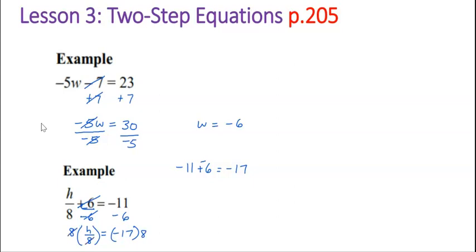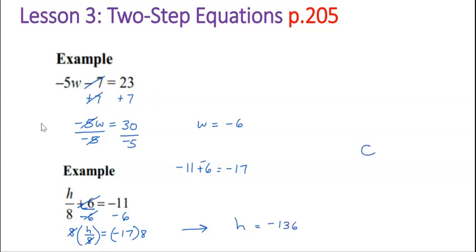So we're going to cancel over here, put my answer across. So h is now isolated, and we're going to take the negative 17 times 8, and that is 136. That's going to be a negative 136.